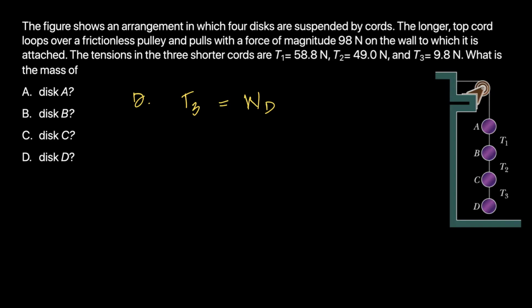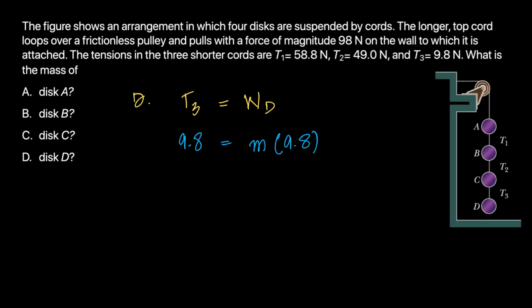With that said, the tension is actually 9.8. Wow. And weight is mass times G. Let's take 9.81. Just, I think the math will come out nicer. I think this question was designed to be done that way.